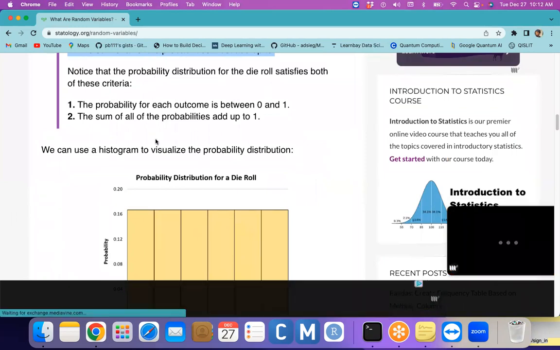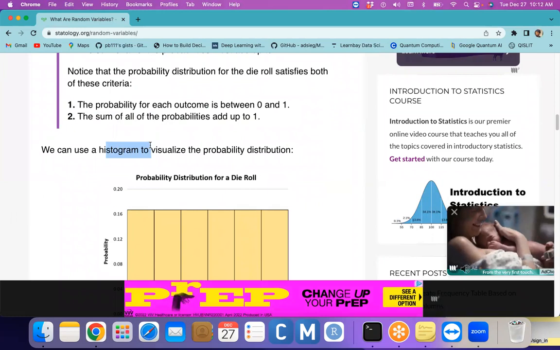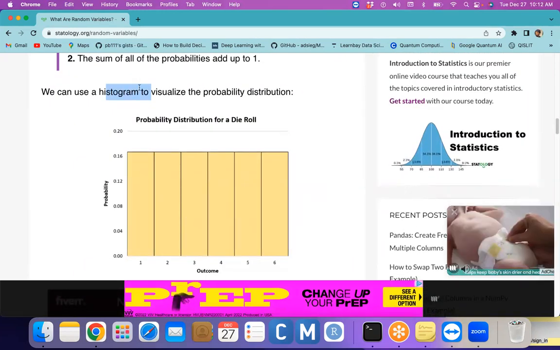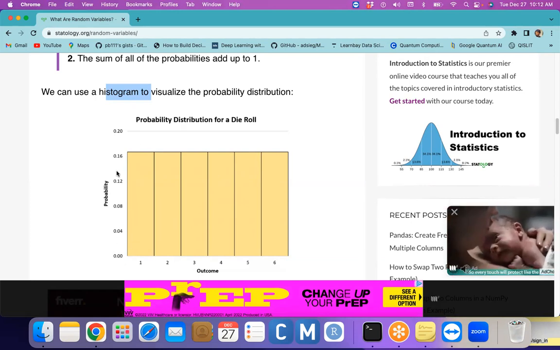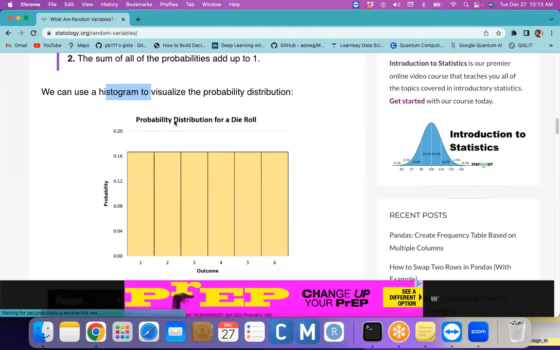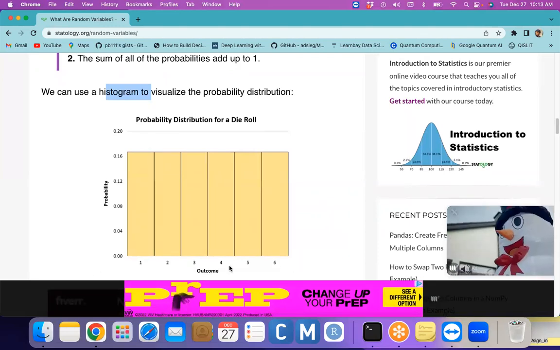See, the probability distribution, we can visualize this with the help of a histogram. So you will get this kind of bars. Here the probability maximum is 1, starting with 0, though it is not displayed here. We are getting the probability for the die. You rolled the die only one time, so we get outcomes 1 to 6 only.